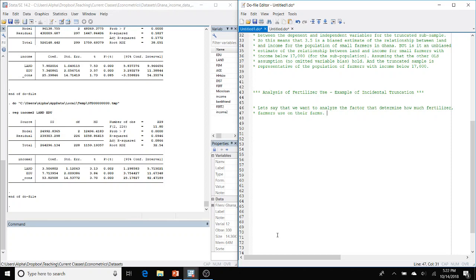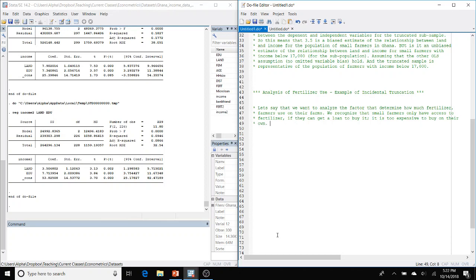But now, as we sit back and think about it, we recognize that, in this example at least, small farmers only have access to fertilizer if they can get a loan to buy it. It is too expensive to buy on their own.